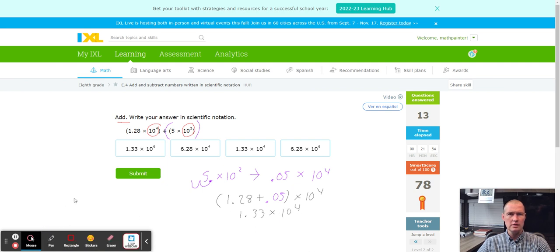All right, let's see where that's at. The first one's no, because the exponent's too large. The second one, 6.28, I don't know where they got that from. Oh, look, they're trying to be sneaky. If you take 1.28 and add it to 5, don't do that. 1.33 times 10 to the 4th is what we're looking for, and the last one, the exponent is too large.